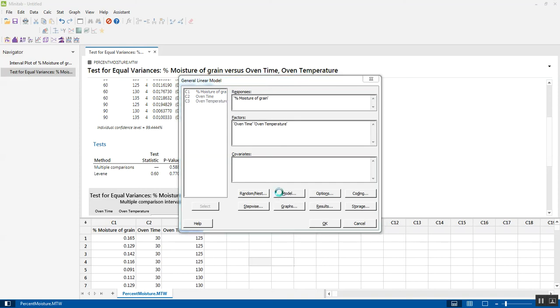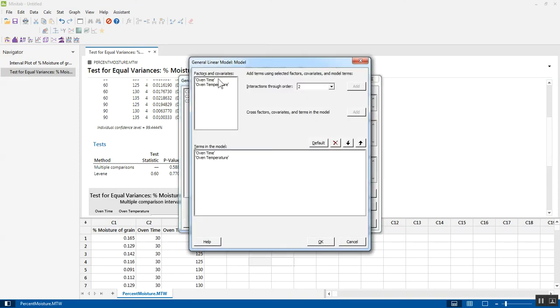I then need to click this model button here, because I want to see if there's a significant difference in the moisture content of the grain across the 3 levels of the oven time factor and across the 3 levels of the oven temperature factor, but remember I also want to look at the interaction.